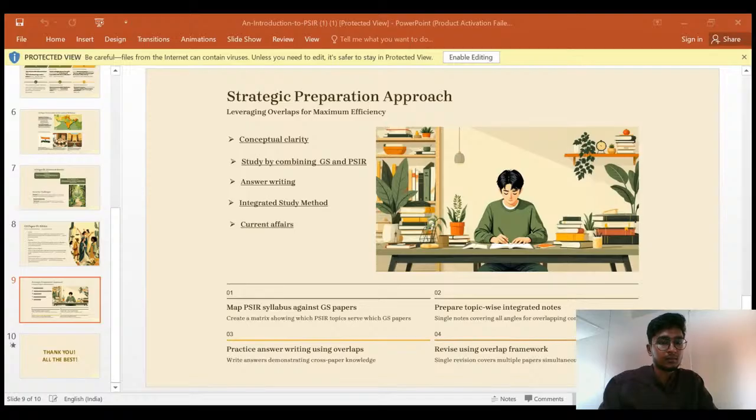Current affairs preparation. Right now, we have a lot of political issues at the national and international level. Preparation for current affairs should also involve seeing them through conceptual views from different ideologies.